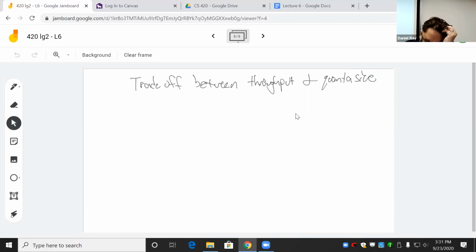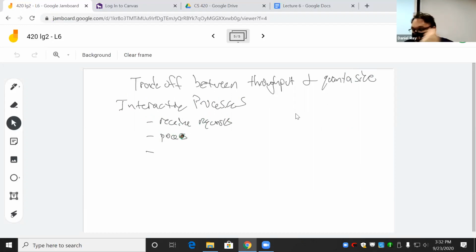We said that interactive processes have to do three things. They've got to receive requests. They've got to process those requests or do some processing as a result of those requests. And they have to respond to requests.